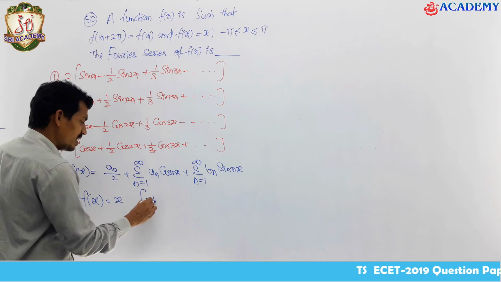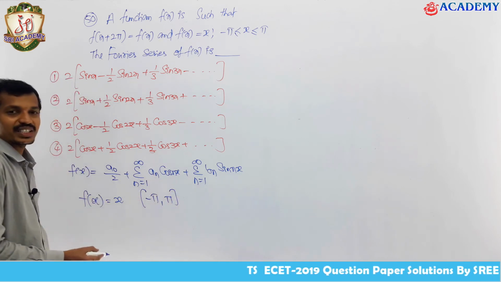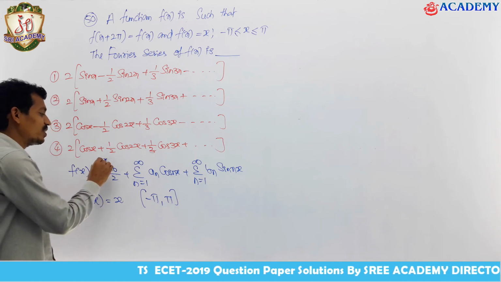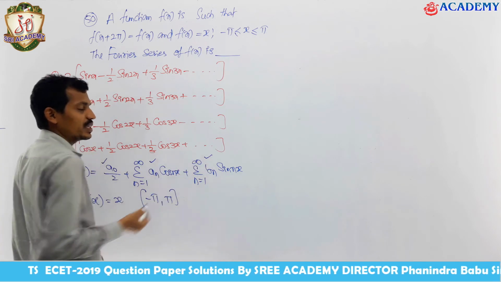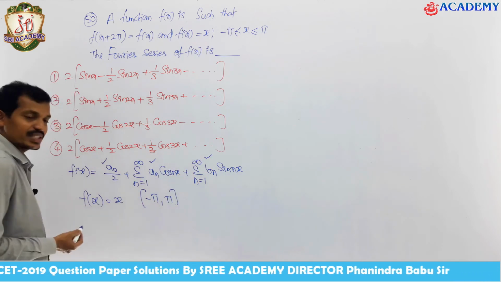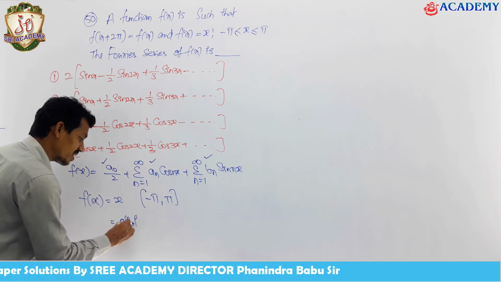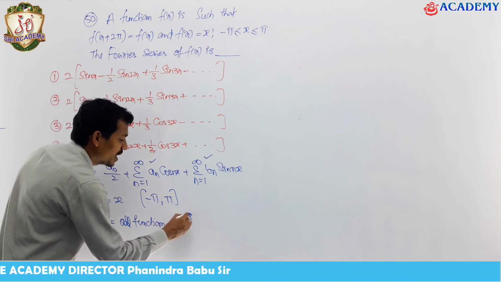If the interval is minus pi to plus pi, always you have to check whether the given function is an even function or an odd function. If it is an even function, you are going to have a naught and an. If it is an odd function, only bn is going to exist. This f of x is an odd function, that's why only bn exists.